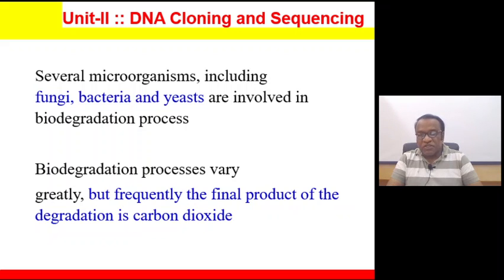So even if the process of biodegradation varies significantly, most of the time the final product of the degradation is carbon dioxide, and the organic matter can be degraded both aerobically and anaerobically.